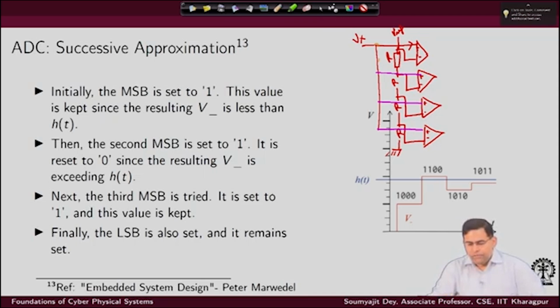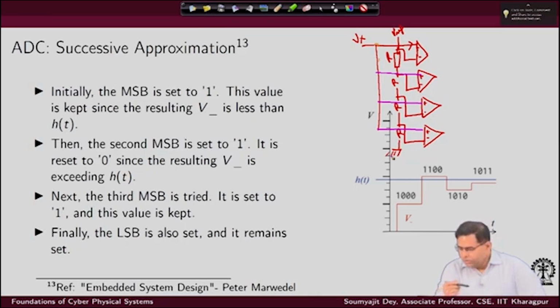As you can see, there is a reference voltage Vref, and we have this voltage Vx. What we are doing here is having a voltage divider network of resistances. It has four resistances of the same value R, and this is dividing the voltage Vref into four possible values.